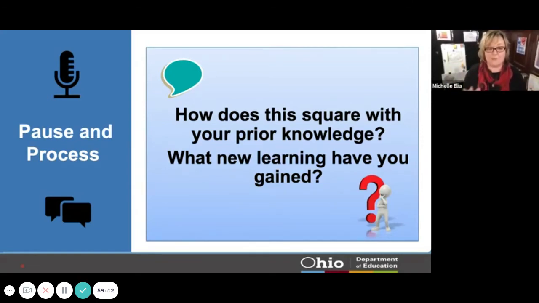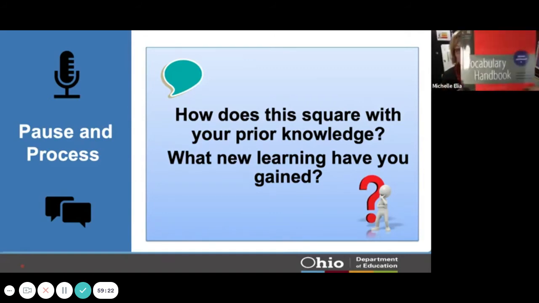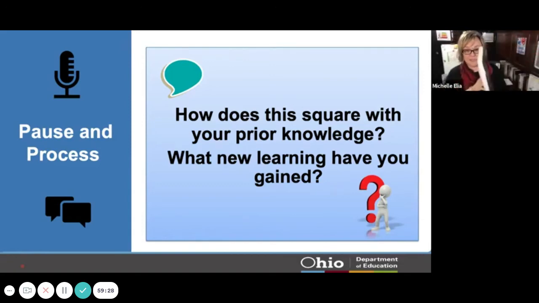I highly recommend them. But in my favorite book, believe it or not, I like this book for teaching vocabulary better than the Beck book. Just don't tell her that, because she's really amazing. But I love this vocabulary handbook. It's all really great strategies for teaching vocabulary. It's super teacher friendly, student friendly, with activities I could use immediately. So I'm a really big fan of this book for strategies.